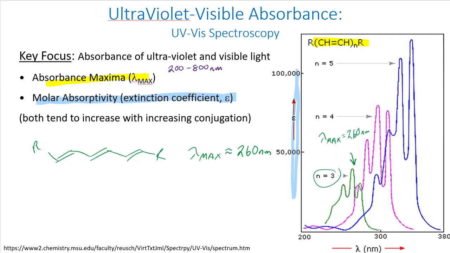The lambda max for the N=5 version, which would have 2 more alkenes in this conjugated system, so a conjugated pentaene, has several, but the highest one is maybe 340 nanometers.